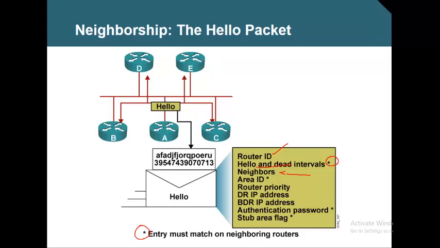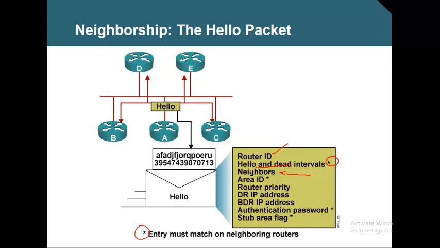Area ID. That is to tell to which area this router belongs to. And you yourself told me that area ID must match in order to form neighbor. Yeah. This is how it knows what area the neighbor belongs to.